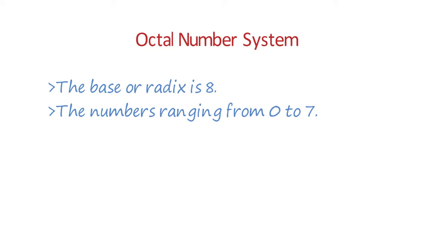In this number system, the successive positions to the left of the octal point have weights of 8 raised to 0, 8 raised to 1, 8 raised to 2, 8 raised to 3 and so on. Similarly, successive positions to the right of the octal point have weights of 8 raised to minus 1, 8 raised to minus 2, 8 raised to minus 3 and so on.